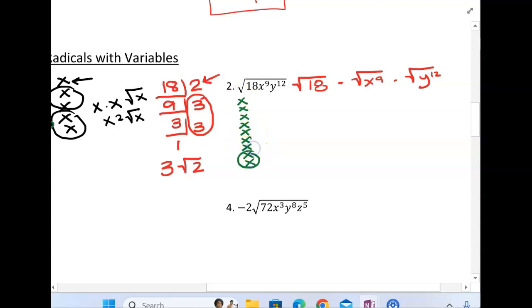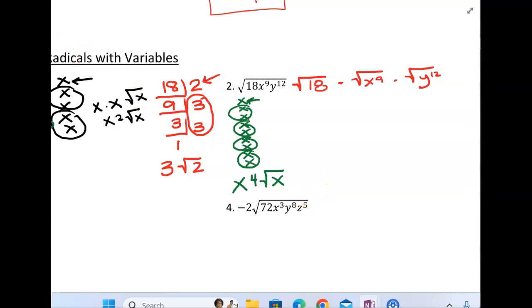So a pair, a pair, a pair, and a pair, and notice I have 1 left over. Each pair I multiply, so x times x times x times x is simply x to the 4th. My leftovers go on the inside. So it's just x to the fourth times x.